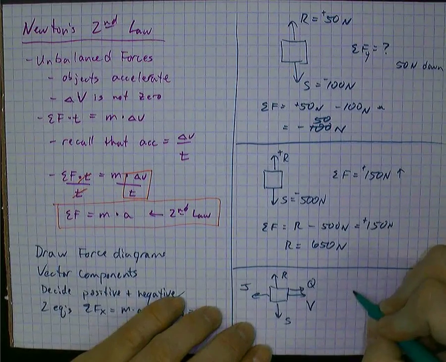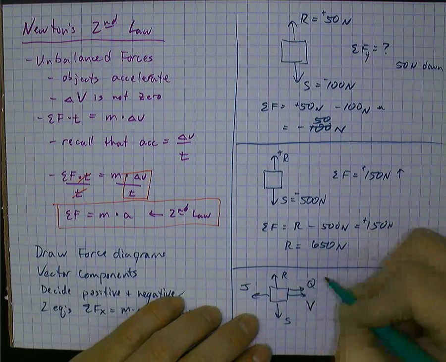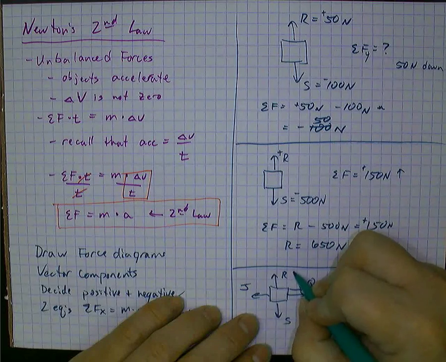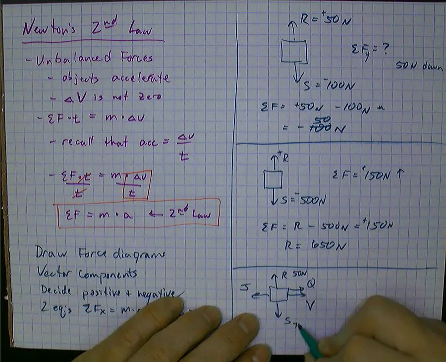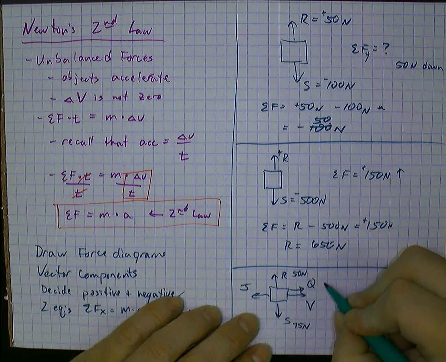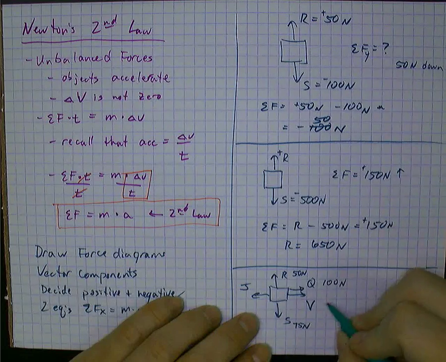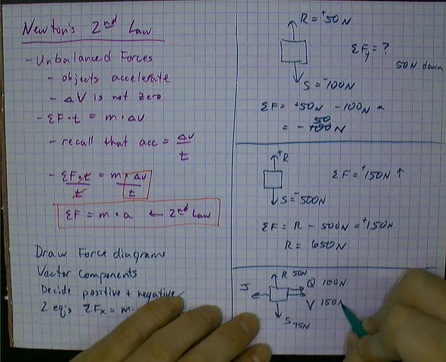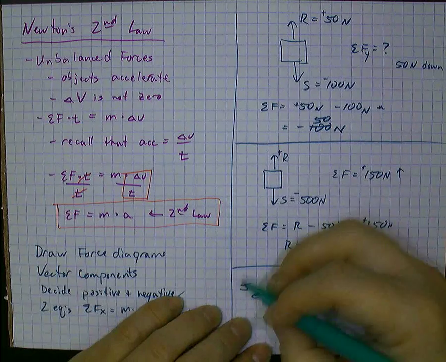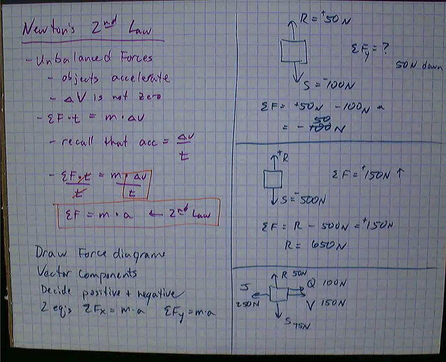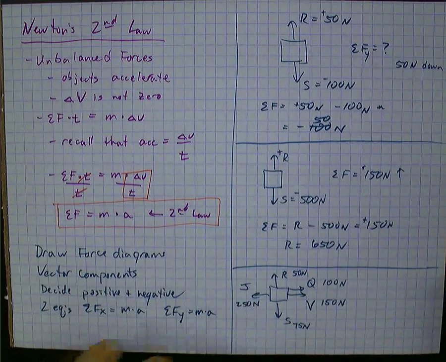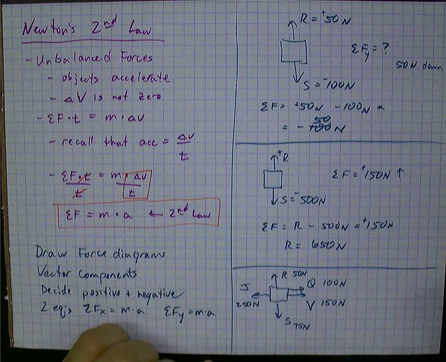Let's just say that this is 50 newtons, this is 75 newtons, Q is 100 newtons, V is 150 newtons, and J is 250 newtons. The question might be, what is the net force, and or what is the acceleration?